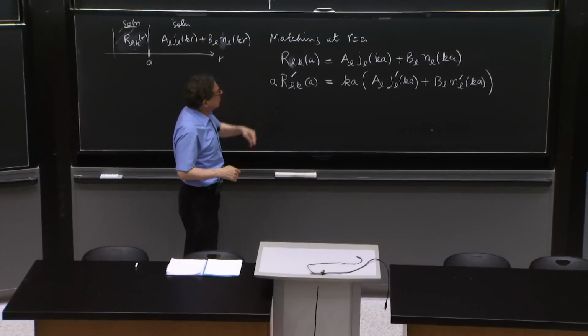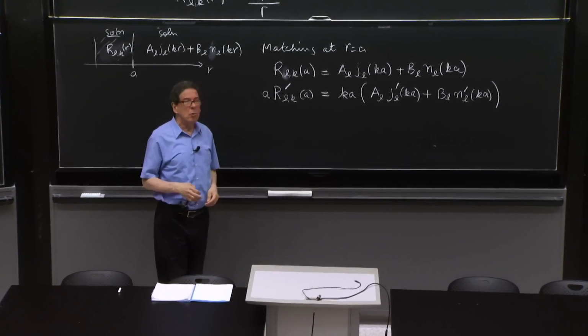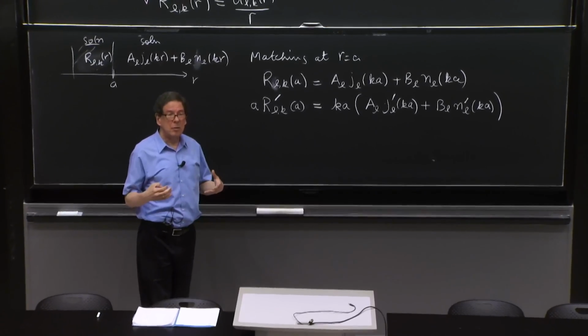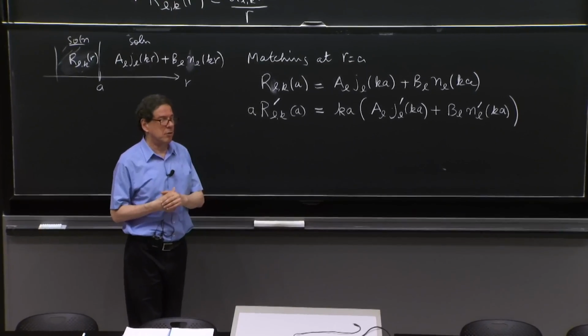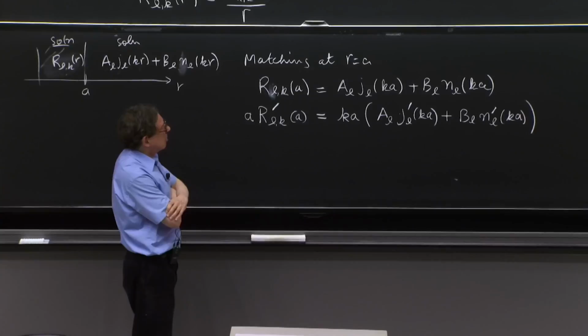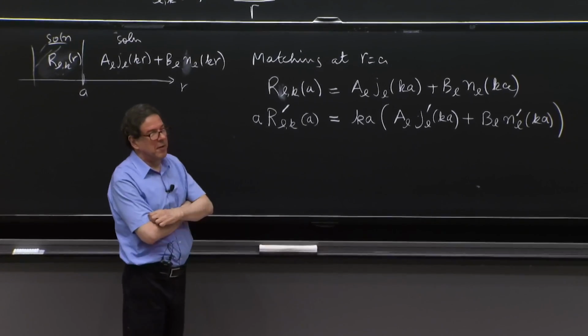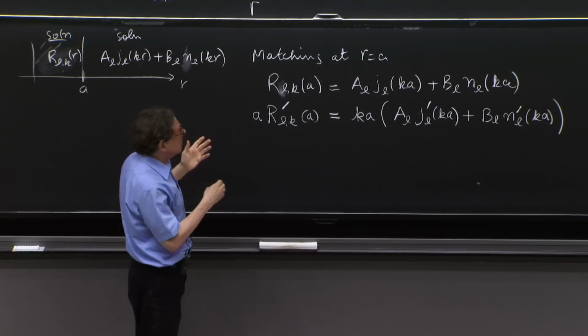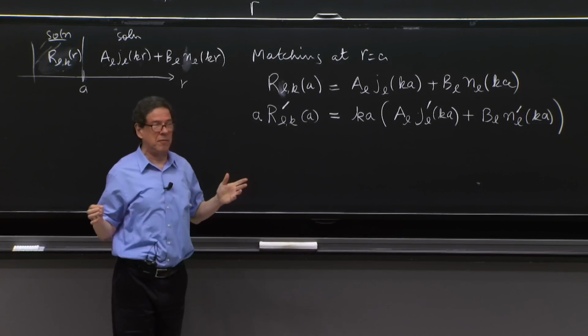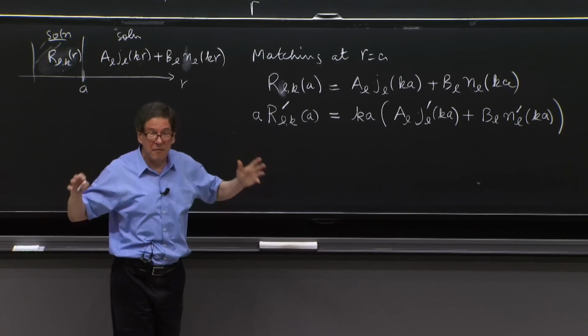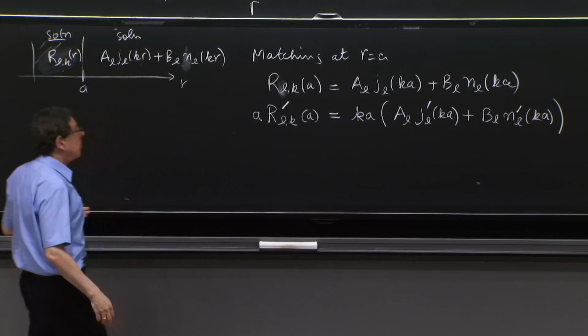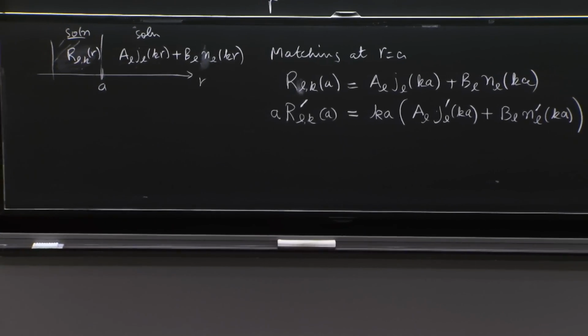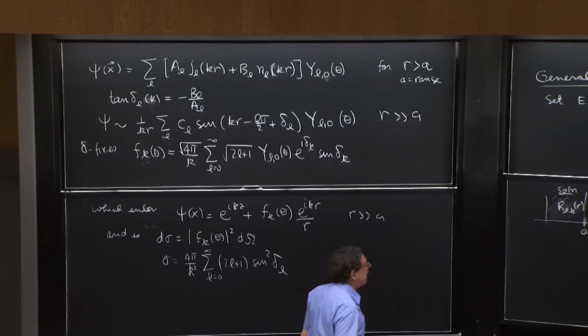At this point, the right thing to do is to divide the equations, because that gets rid of a lot of things that we are not interested in. We're not interested in anything except the phase shift. That's all we want. So how are we going to get the phase shift? Well, the phase shift comes from B_L over A_L.